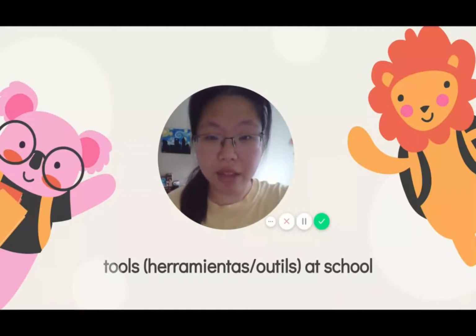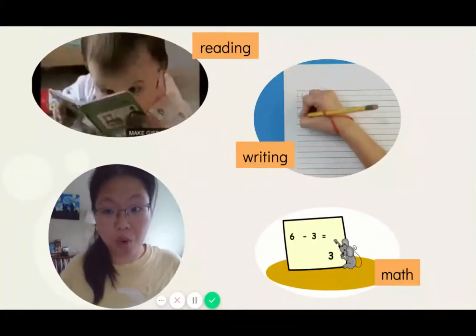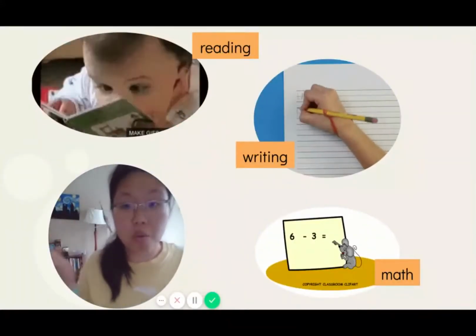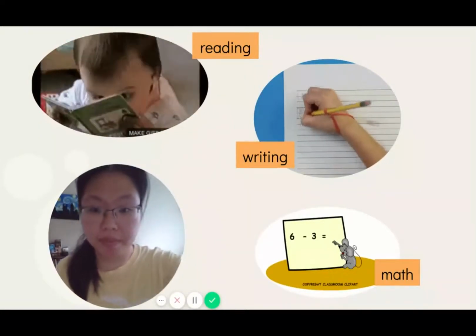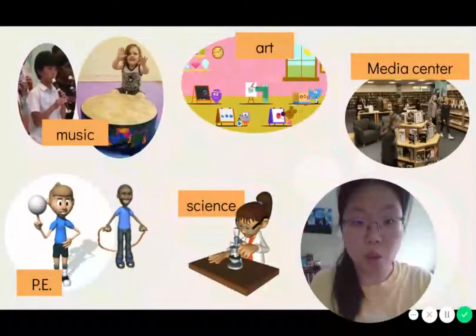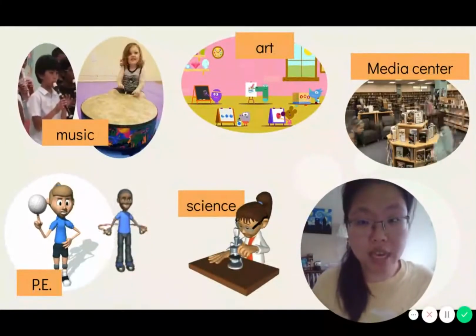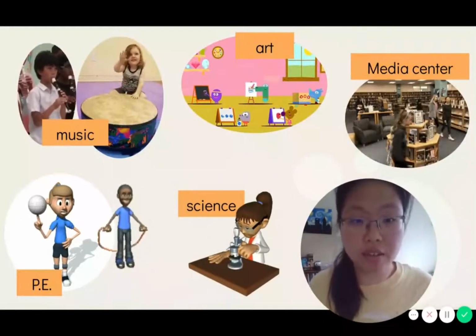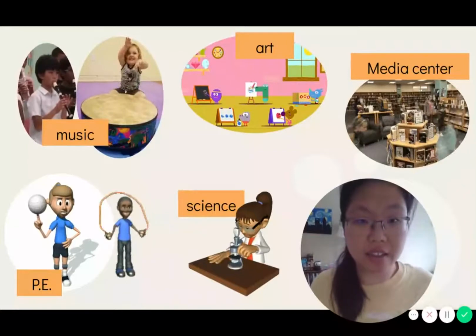Let's think about different activities that we do at school. At school, we have time for reading, writing, and math. We also go to specials class: PE, music, art, media center, and science.